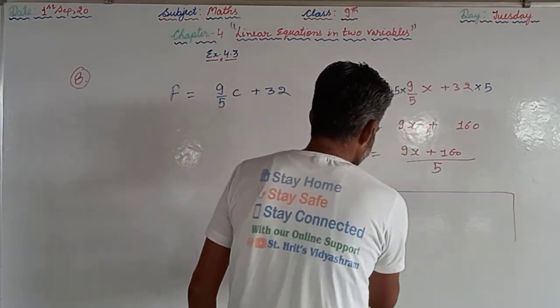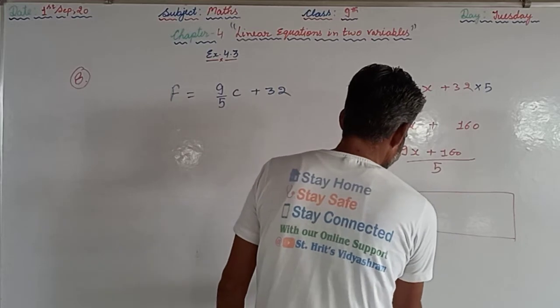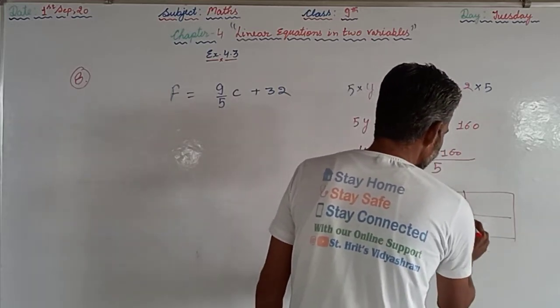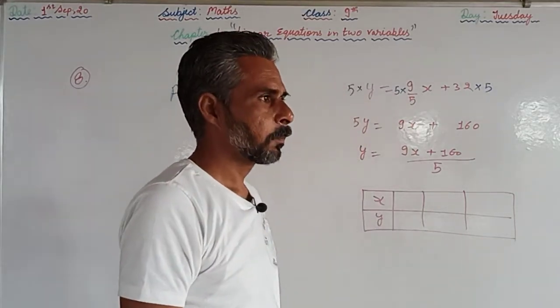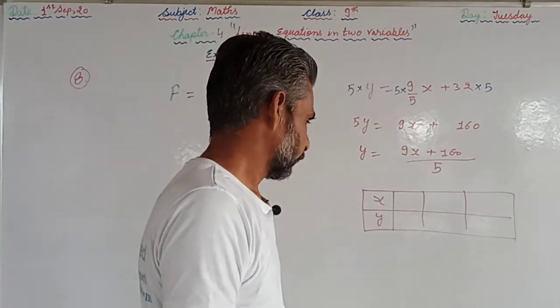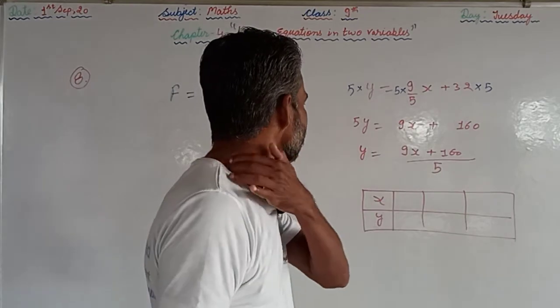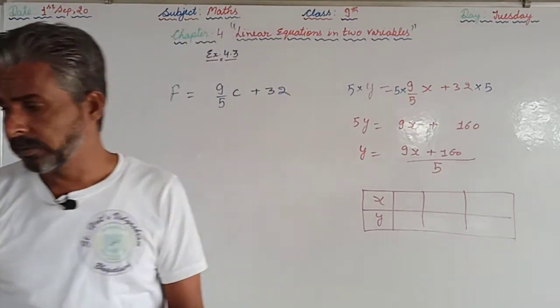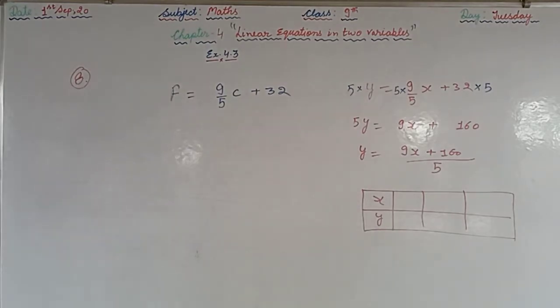After that you can prepare the table for the different values of x and y. How many values are you supposed to take? You should take 3 values. From here you can calculate and find out the different values, so that you can plot the graph.